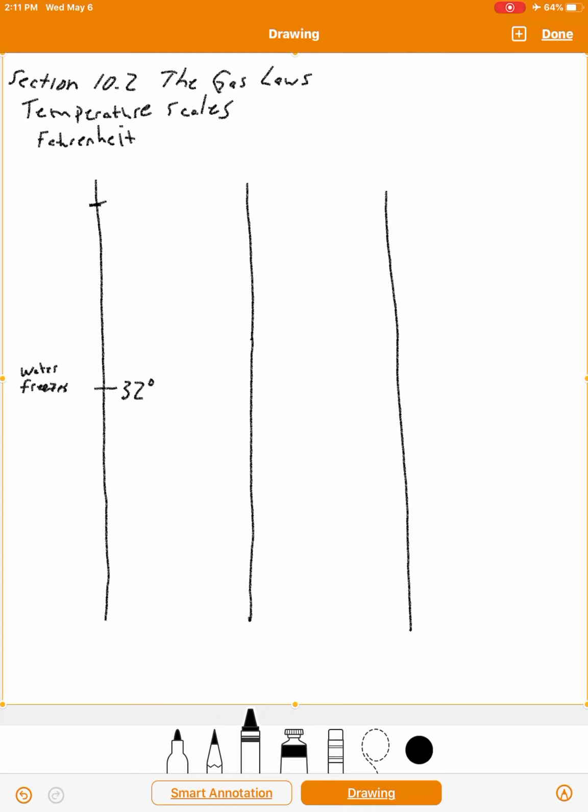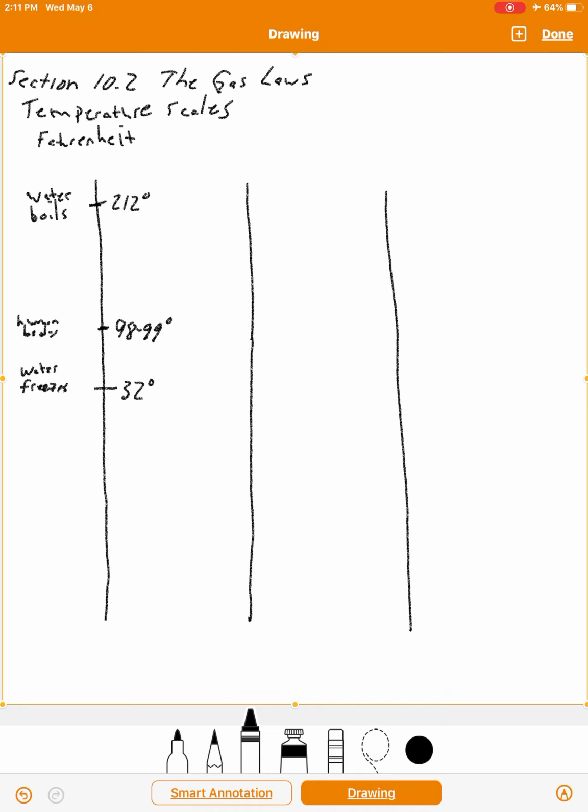What temperature does water boil at in Fahrenheit? 212. Okay. So, what's another temperature we might be familiar with? The temperature of the human body, right? The human body is at about 98, 99 degrees. 98.6 sometimes people refer to it.